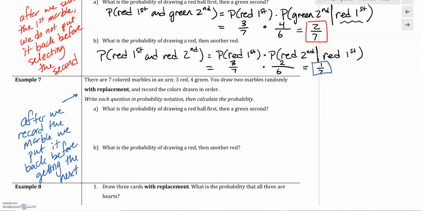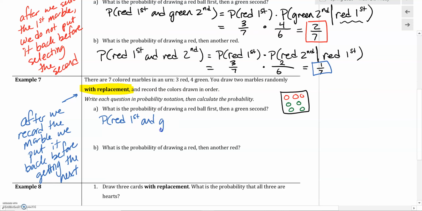Okay, so here they say, again, same scenario. I've got 7 marbles, 3 red, 4 green. There's my marbles in a bag, but this time I'm using replacement. I'm replacing the marbles as I draw them out. They want to know what's the probability of getting a red marble first and then a green one. So red first, and green second.